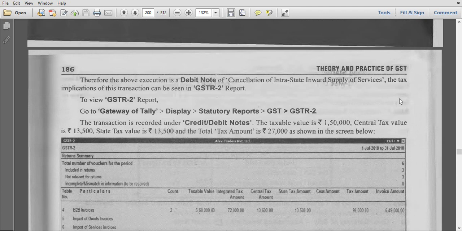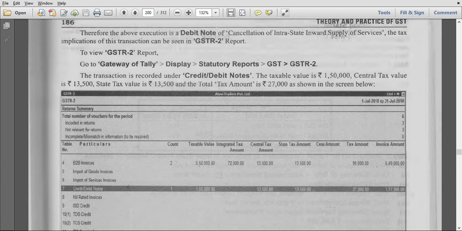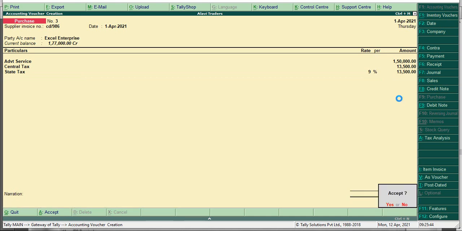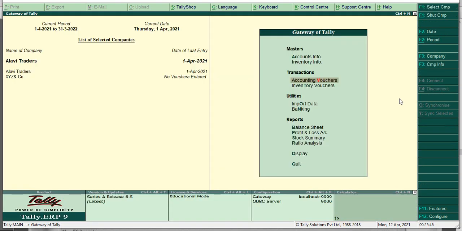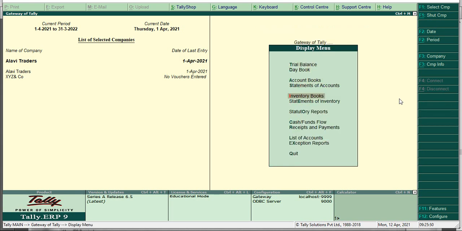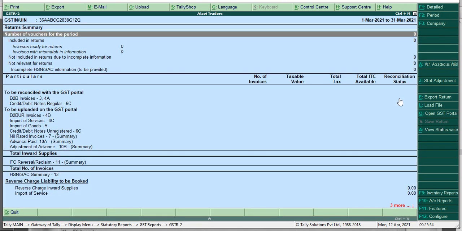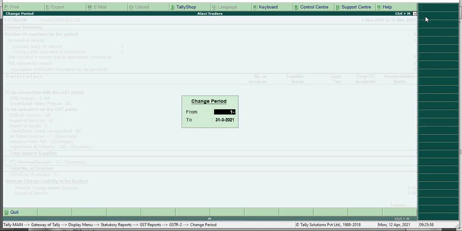Now we have to enter that credit note transaction. It will be in Display, Statutory Reports, GST, GSTR2. We have to change the period here, 1/4/2021 to 1/4/2021.